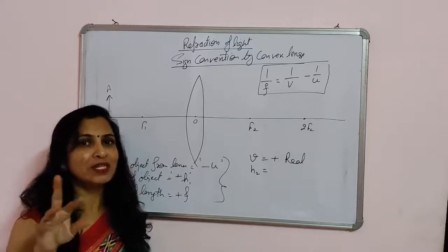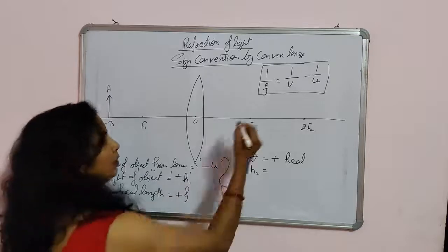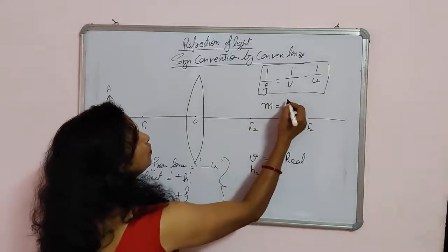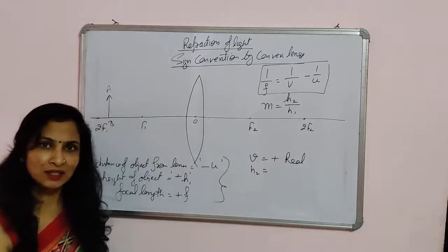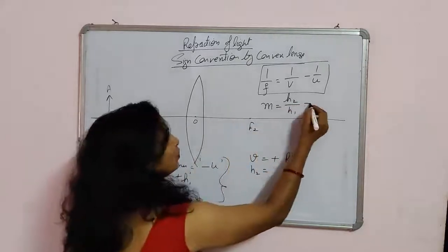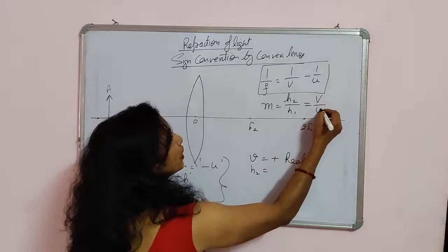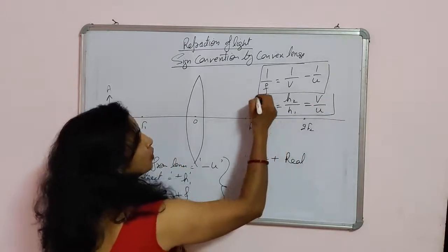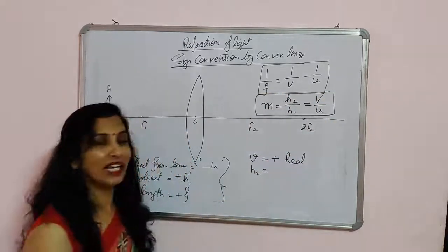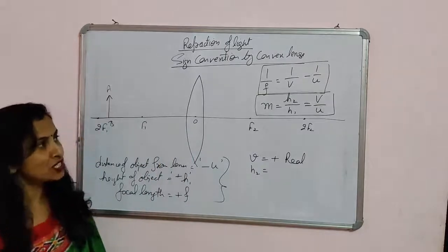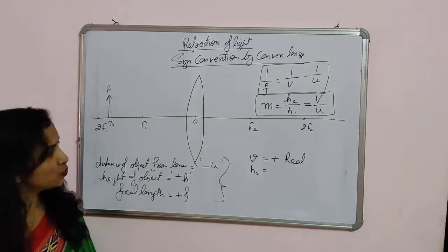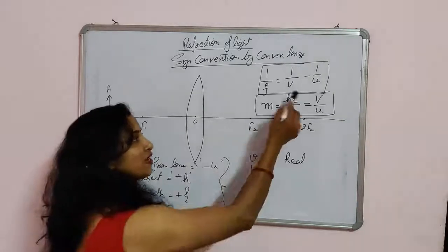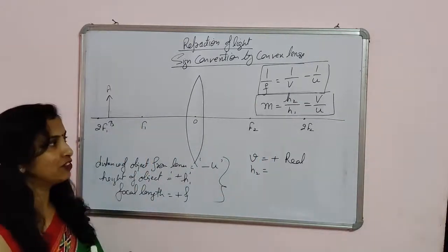So h2 upon h1 is the linear magnification. It is the same as in mirrors, but in lenses it is equal to v upon u. So we have another formula for magnification: magnification is equal to h2 upon h1, which is equal to v upon u.